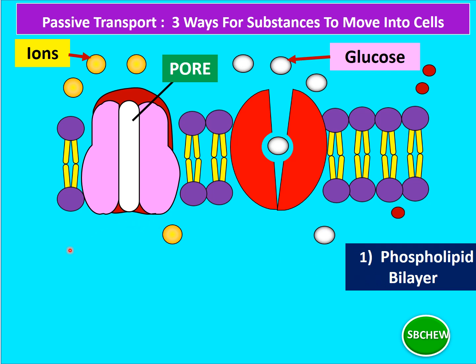The second way is by using the transport proteins, namely the channel protein or the carrier protein. So for the channel protein, ions such as potassium ions will go through the canal or the channel in the protein, and as it passes through, it will cross the plasma membrane into the cell like this.